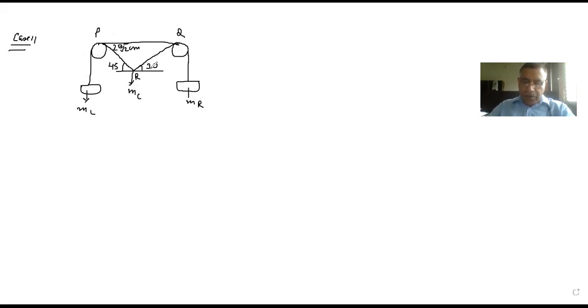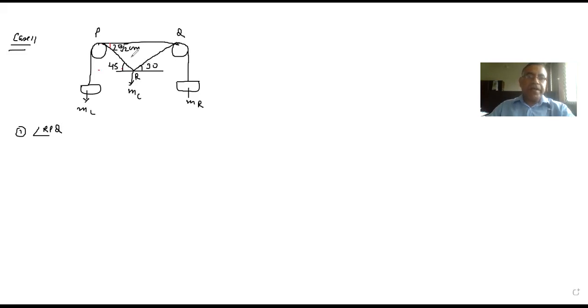Now, based on this, number one, find the value of angle RPQ. That means this is my R, this is P, this is Q. I want to get this value. Clear? Now see, this is 45, this is 30.